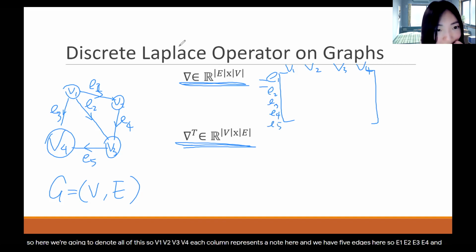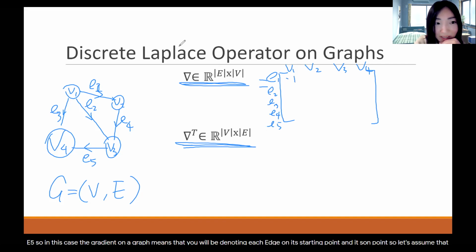So in this case, the gradient on a graph means that you will be denoting each edge by its starting point and its end point. Let's assume that the starting point will be denoted by -1 and the end point by 1. So I can go ahead and fill out all of the edges.